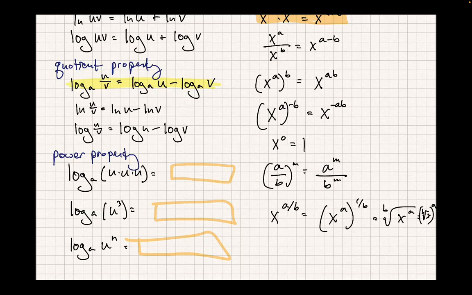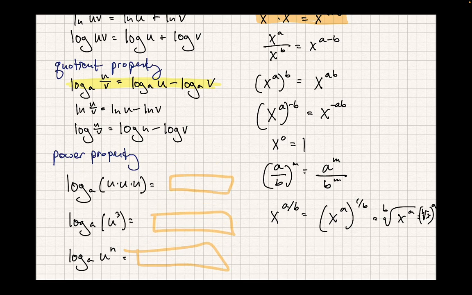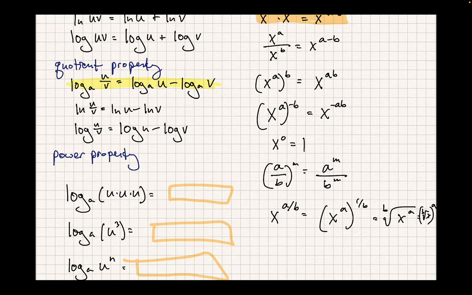So if you're not there yet, add one more u right here. Do you know how to handle log base a of u times v? Yes. What is it? Log base a of u plus log base a of v.